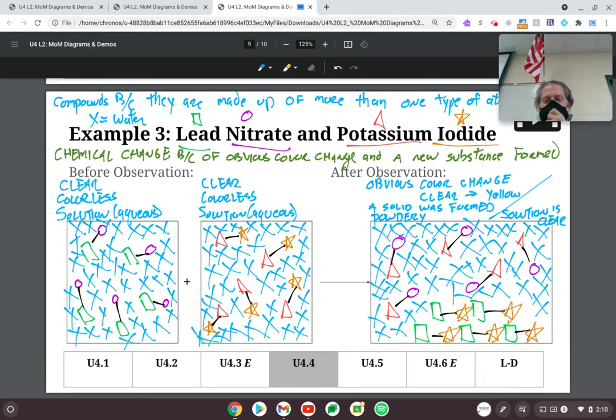So in this drawing, I have a solid represented and I have a solution represented. Questions about that? Okay.